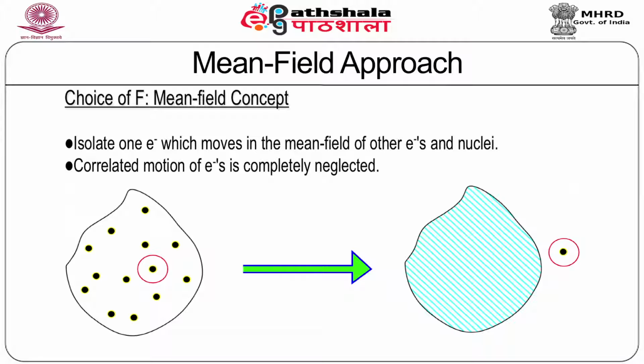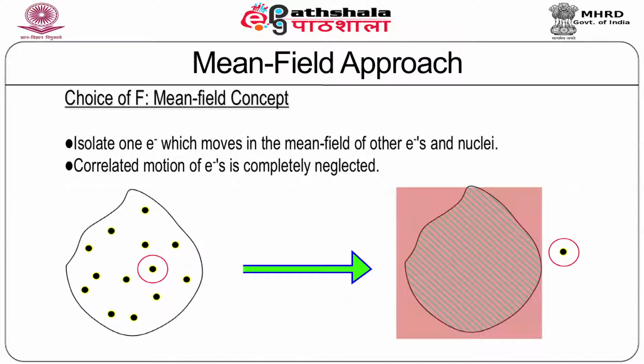This is shown in the cartoon picture here. As shown in the left panel, there is a collection of electrons shown with little dots, and from there one isolates a single electron, which is encircled. In the mean field approximation, one assumes that one takes this electron out of the system, and the electron now interacts with the mean field formed by all other electrons.